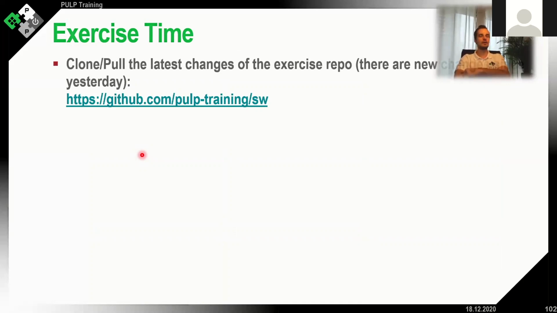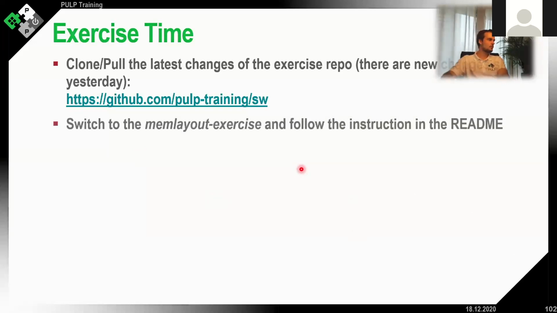We added a lot of changes since yesterday, so if you didn't clone it yet, you can just clone it. If you already did clone it, please run a git pull on it in order to update your repository to the latest version and to have all the updated exercise instructions.